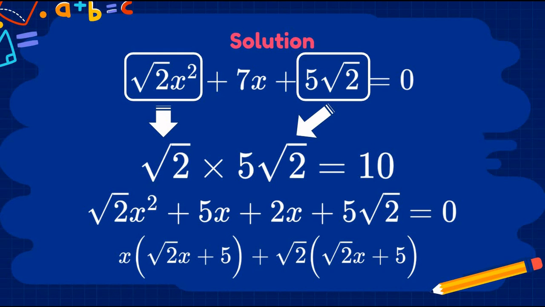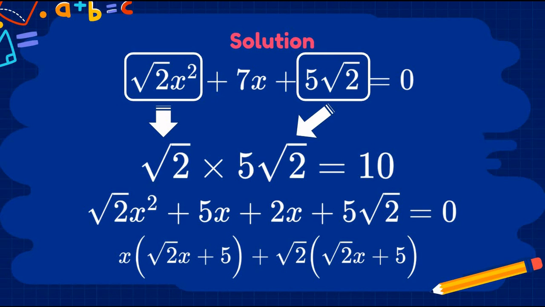So we will take root 2 common, and then inside the bracket, we are going to have root 2x plus 5. Make sure that both the brackets have the same thing in order to get the roots properly. So both the values inside the brackets should be same in order to follow the factorization method.